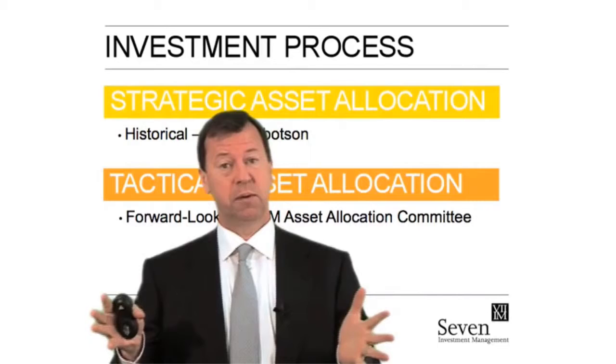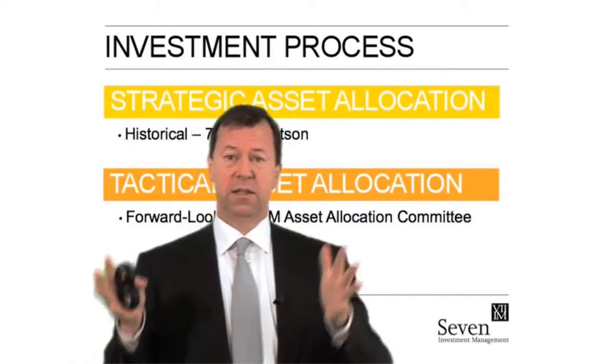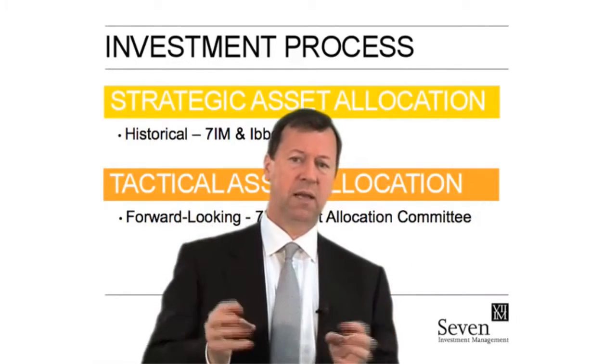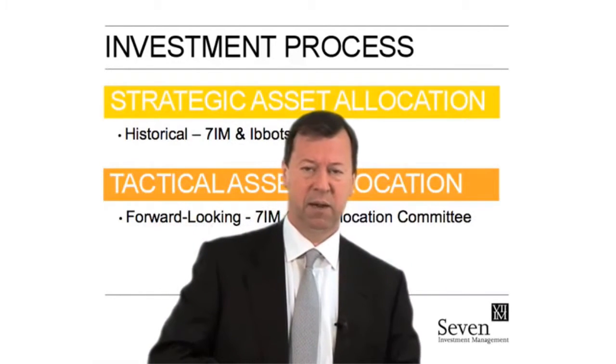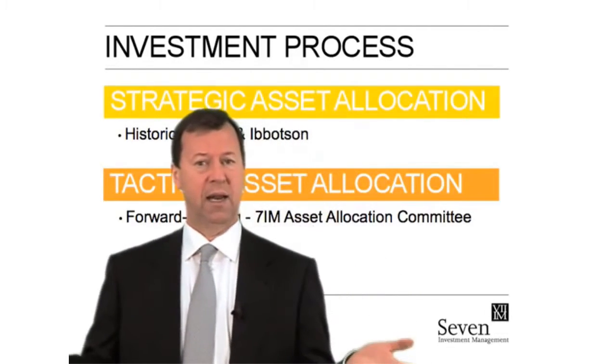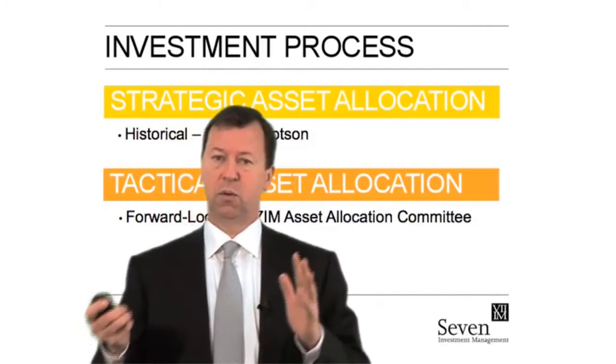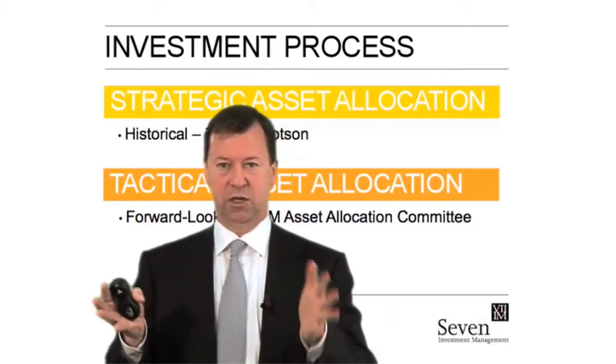So therefore, we superimpose on that a view taken by the 7IM Asset Allocation Committee as to what it is that we're looking at in the outside world, in markets, and how to apply that to the strategic asset allocations.